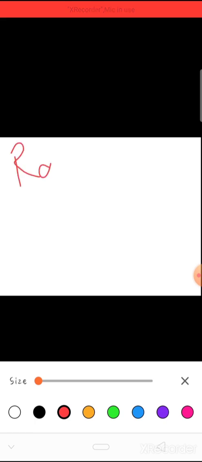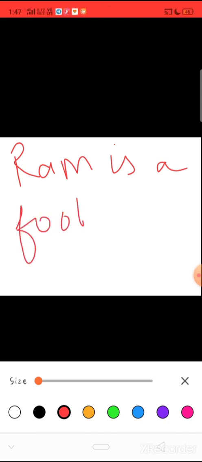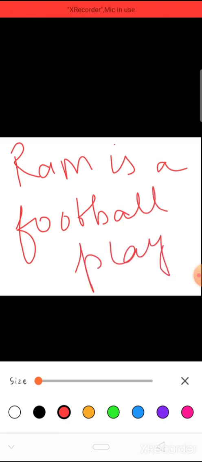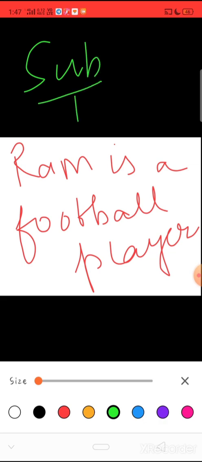Like if I am saying, Ram is a football player. Now in a sentence, the subject is the one about whom we are talking.